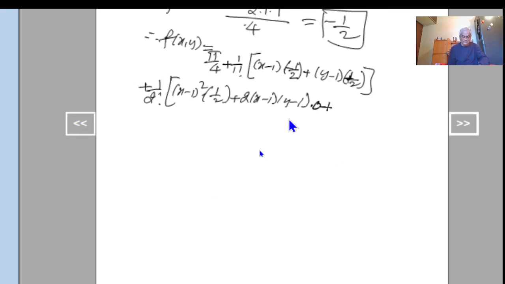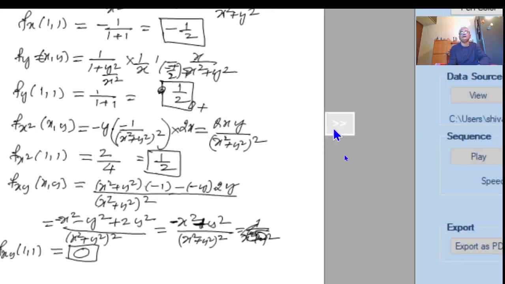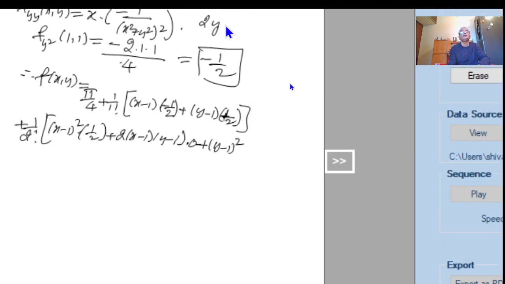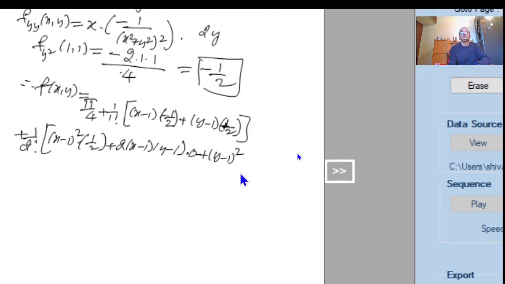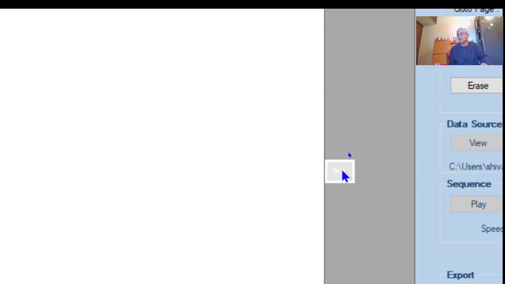Plus (y minus 1) whole square into fy square, which is minus 1 by 2, and so on. So this is our Taylor series expansion. Next, I will go to another example. One more example.